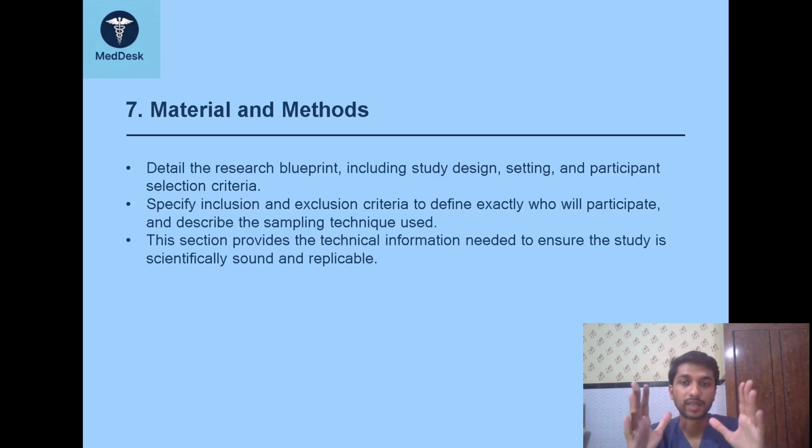All of these things are mentioned in materials and methods, and a separate video will be uploaded soon on the channel, in which I talk about the materials and methods of synopsis writing. Okay, so this section provides the technical information needed to ensure that the study is scientifically sound and replicable. So that is the part.